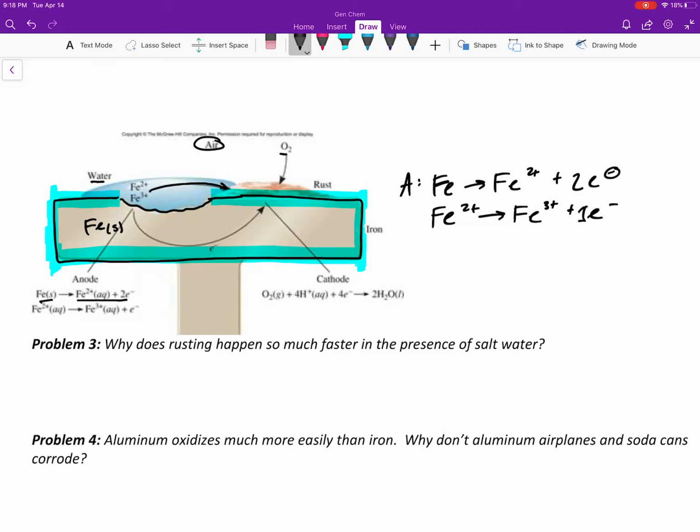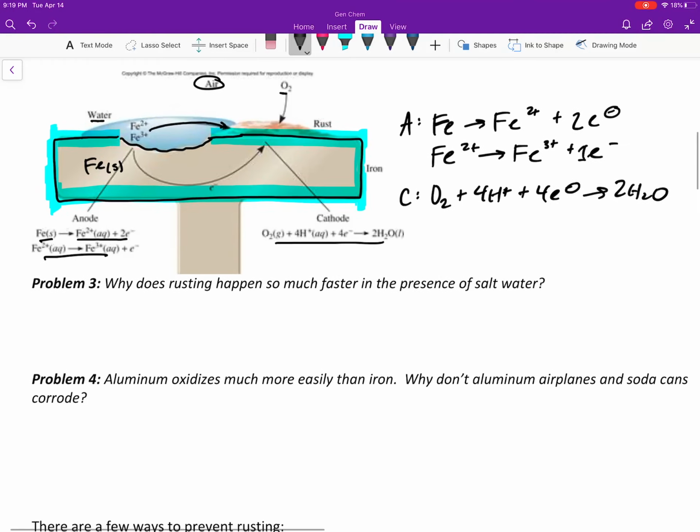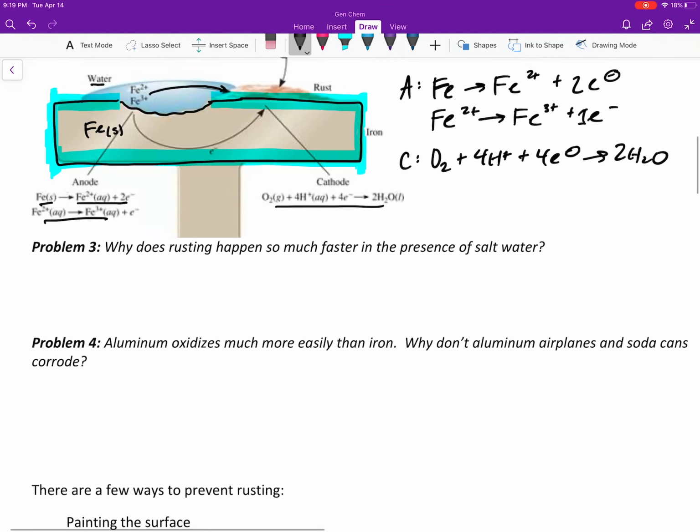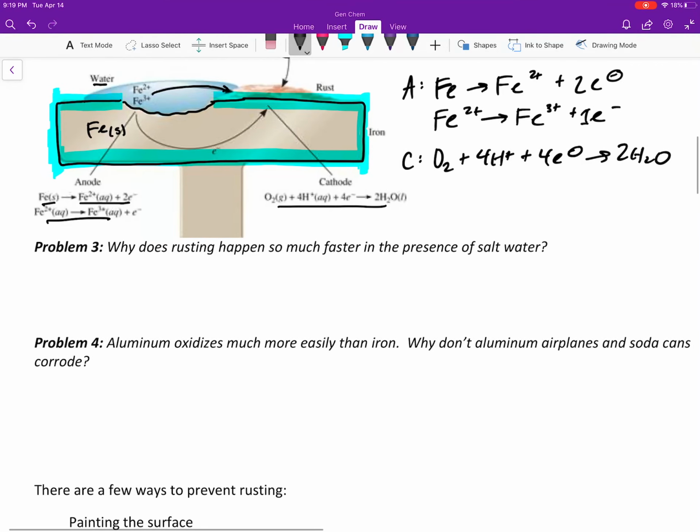And then our cathode is going to be what's occurring between the oxygen and the formation of water. Okay, so now what ultimately ends up forming when we have rust is Fe2O3.